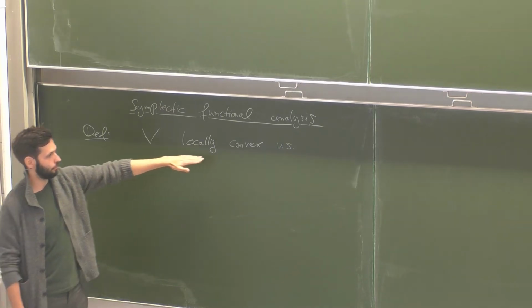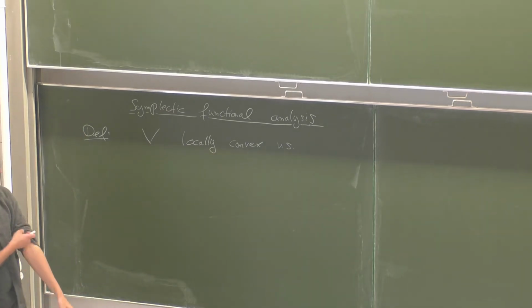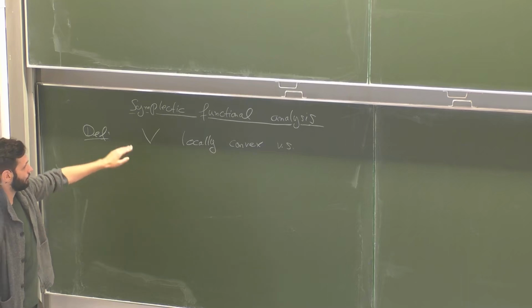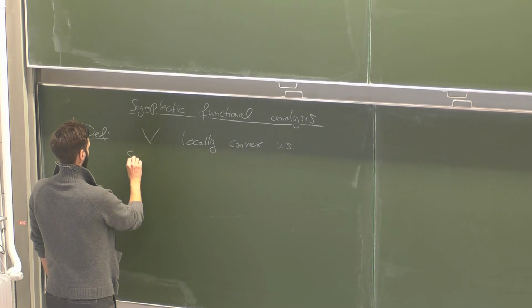But we will see that we also need Fréchet spaces when we come to the diffeomorphism groups. So that's the setting, and we'll consider a symplectic form on that.